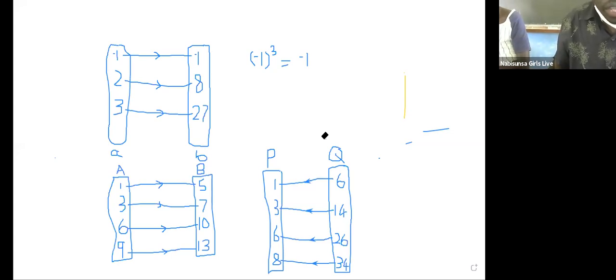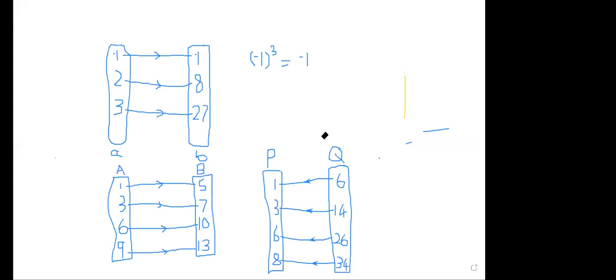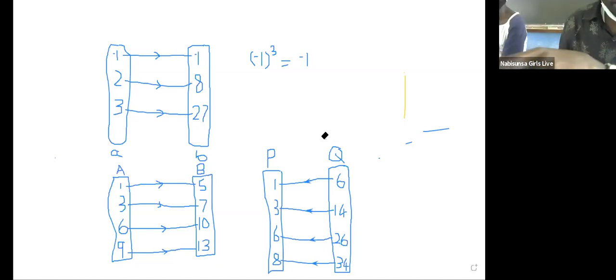Our relation was times 4 plus 2. There are two operations there. The first one is a times 4. The last one is a plus 2. So you start by reversing the last one, the plus 2. Remember, the reverse of a plus is a minus. Is it true? Yes. And the reverse of a times is a division. So the reversal should be minus 2 divided by 4.